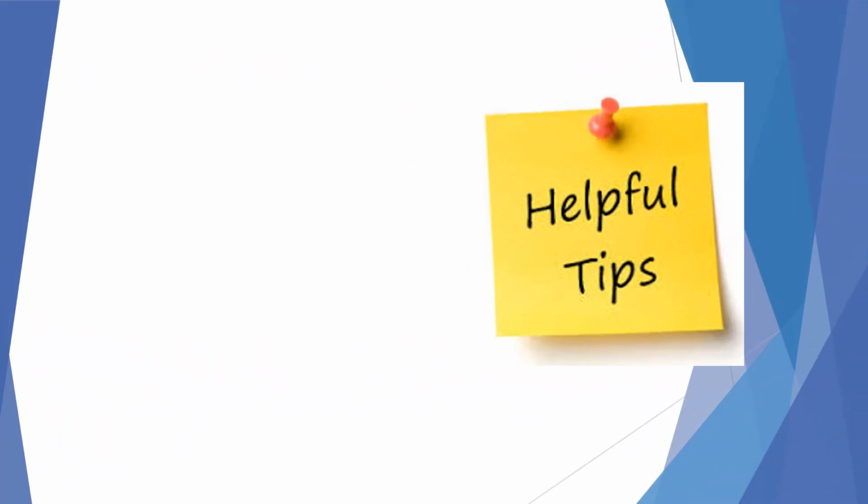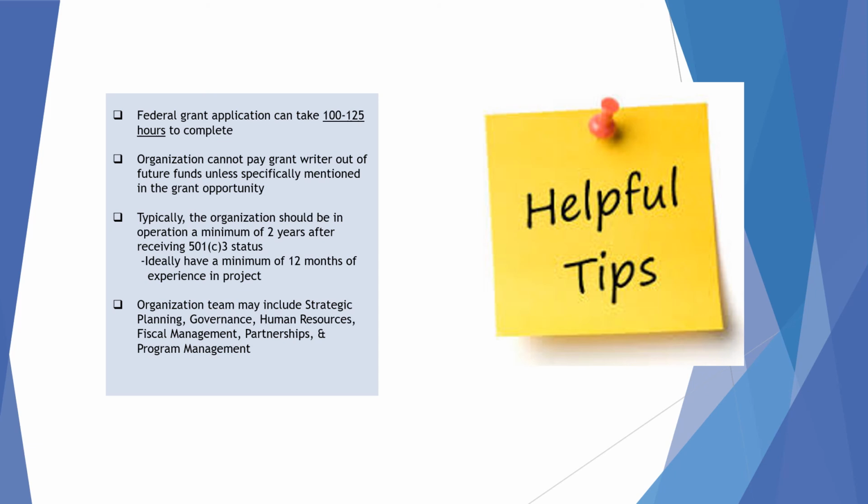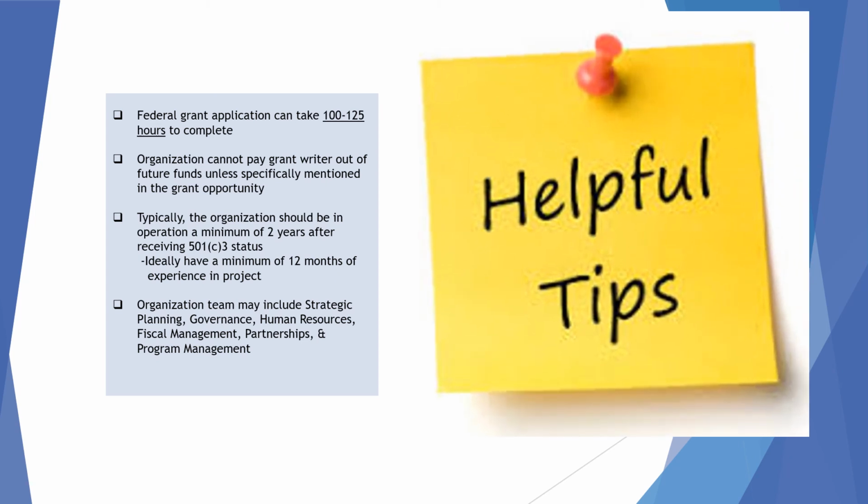Here are a few more tips as you continue your journey in learning about the grants process. Please keep in mind that federal grant applications can take 100 to 125 hours to complete. This is extremely important when reviewing application deadlines. An organization cannot pay grant writers out of future funds unless specifically mentioned in the grant opportunity. Typically, the organization should be in operation a minimum of 2 years after receiving their 501c3 status.